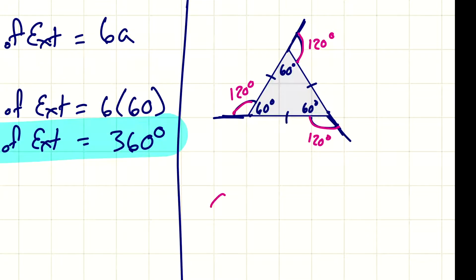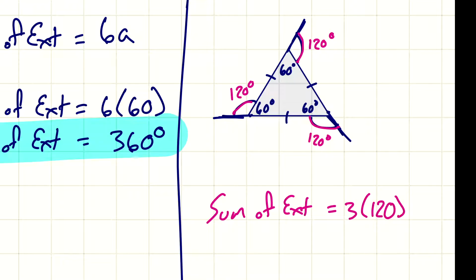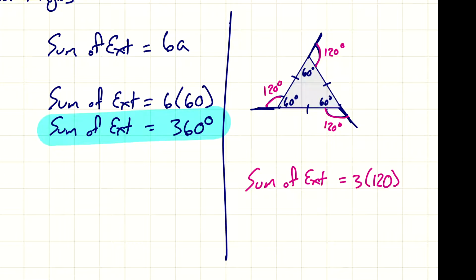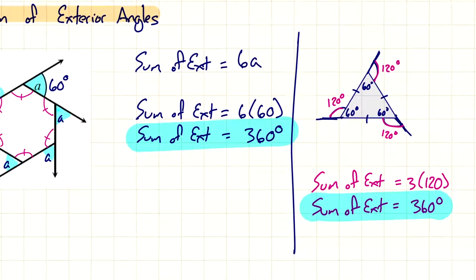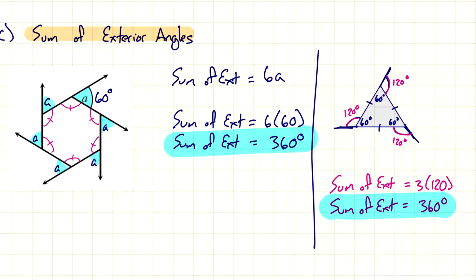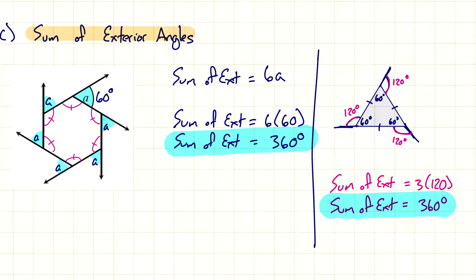Okay, so then the sum of the exterior is going to equal 3 times 120 degrees, which is 360. Again, it will always be 360. It doesn't matter the shape. So if I ever ask you what's the sum of the exterior angles, you shouldn't really even have to calculate it. You should just know the answer is going to be 360.